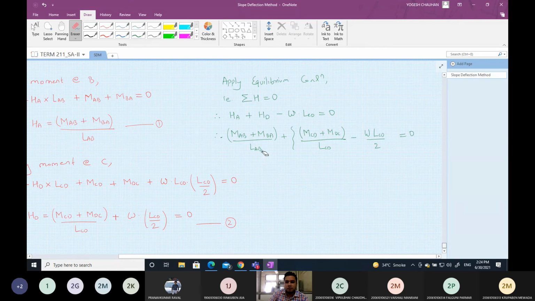So this is your additional equilibrium condition for this case.